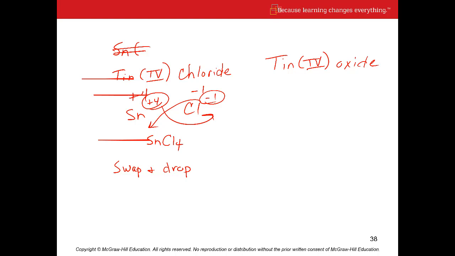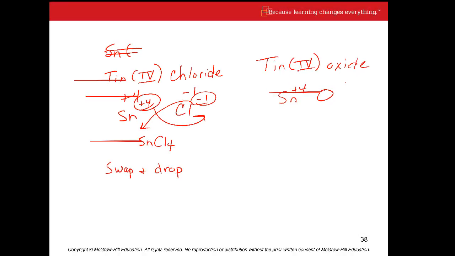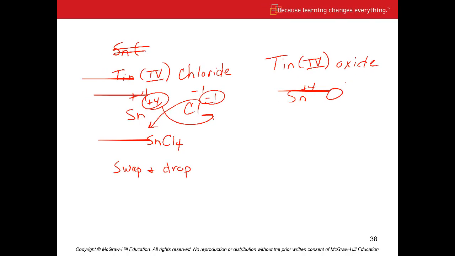So let's look at tin 4 oxide. I have Sn +4 again, because that's what the Roman numeral 4 tells me. And I have oxygen. Oxygen is in the 6A row, which is a -2. Normally I'd say 2 times that and all that good stuff, but let's do the swap and drop on it.